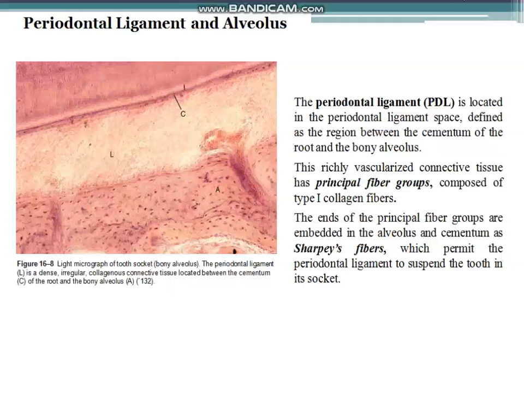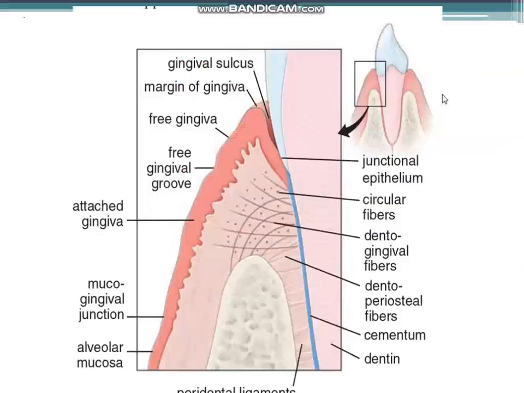And something about the gingiva. Pay attention, that is the tooth, and that is the gingiva, the gum, and the pregingival surface group we can see here. What we have to know from here is that the region of the gingival epithelium that attaches to the enamel surface is known as junctional epithelium, and it forms a collar around the neck of the tooth.